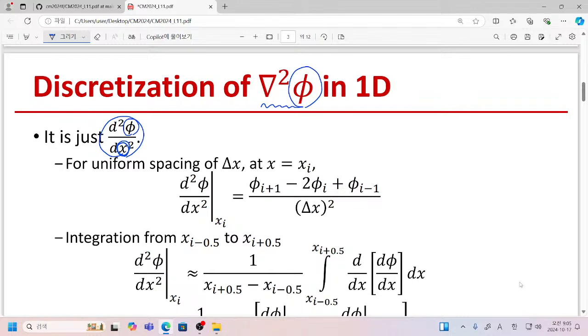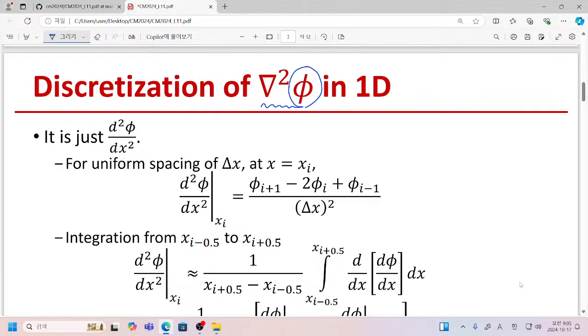Of course, if we expand it to 2D or 3D, then we will have components corresponding to the second derivative with respect to y, or with respect to z. But in the case of 1D, it becomes just the second derivative with respect to x.